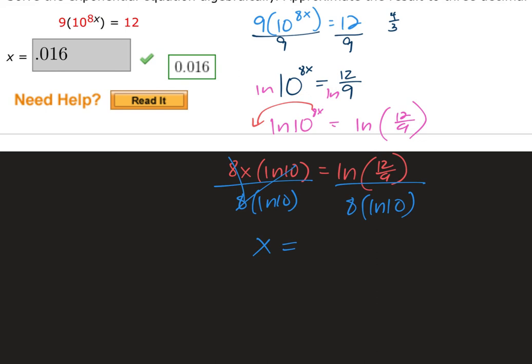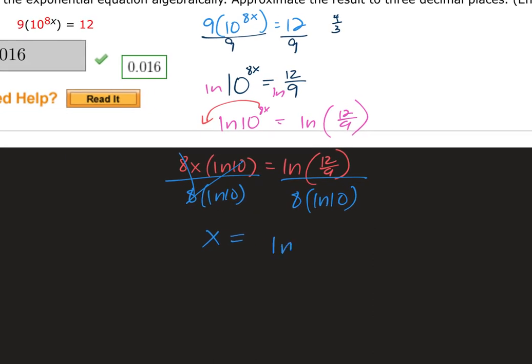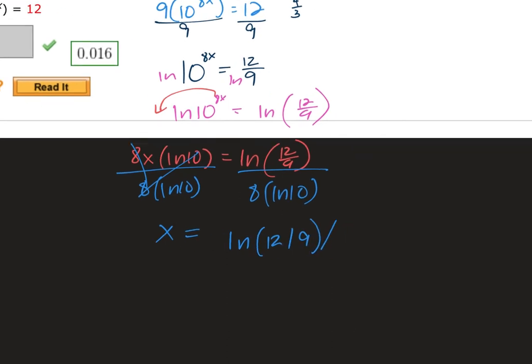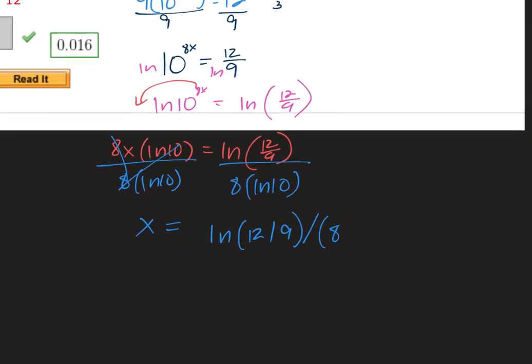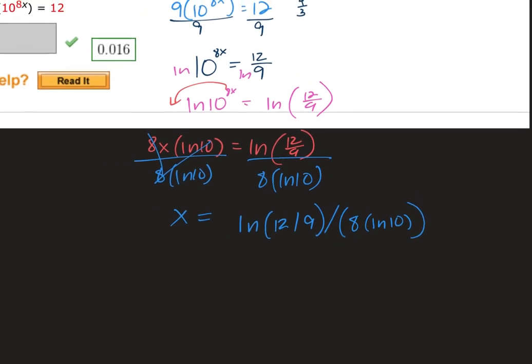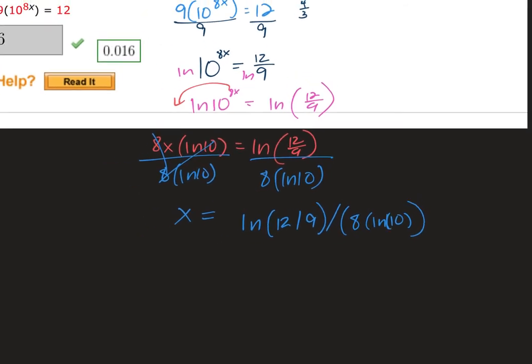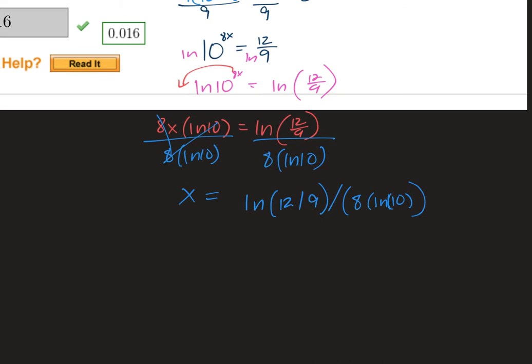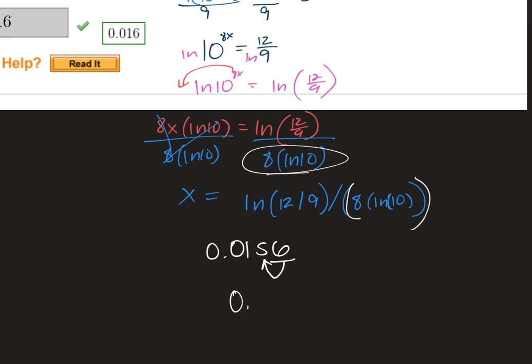In the calculator, it looks like ln, open the parentheses, 12 over 9, close the parentheses, divided by, open the parentheses, 8 ln 10. There's a parentheses here too, okay? You've got to make sure you group the denominator because there are two things in it. And from here, I get 0.0156. It said to round to 3 decimal places, so this bumps up to 0.016.